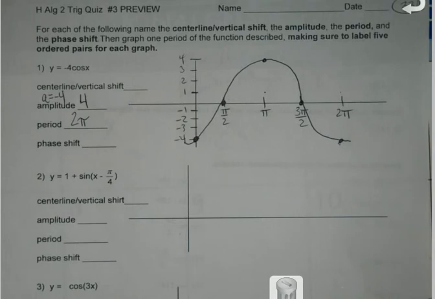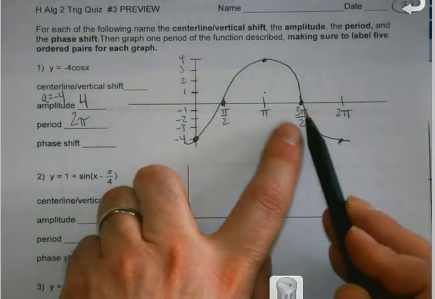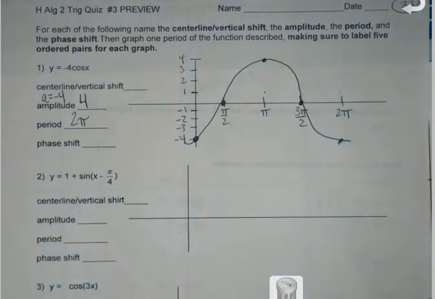Now, when it comes to the 5 ordered pairs, if you label them all on the axis like this, I don't mind if you don't put coordinate points for all of them like I did up on the board.